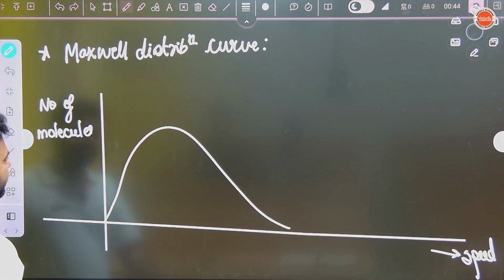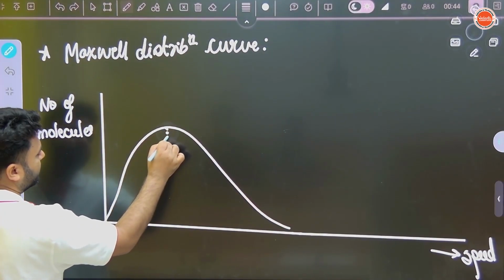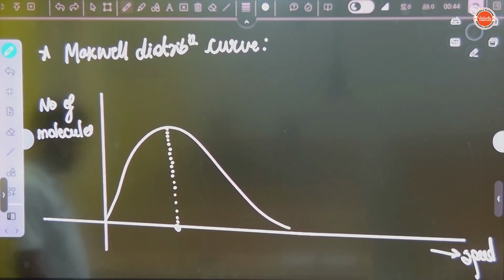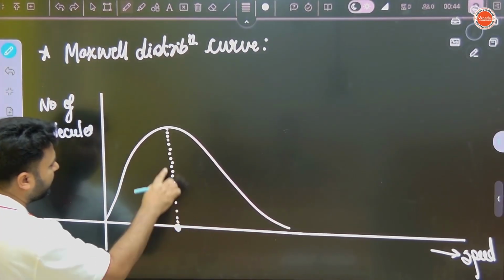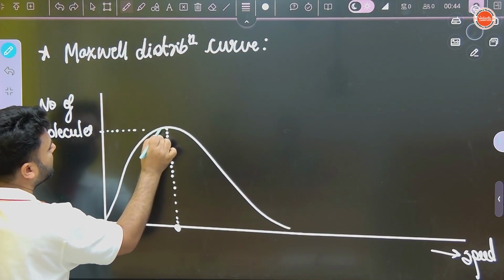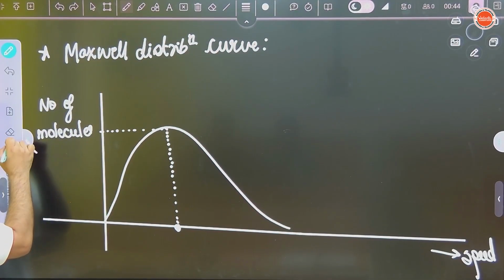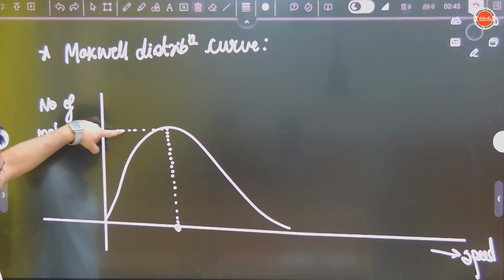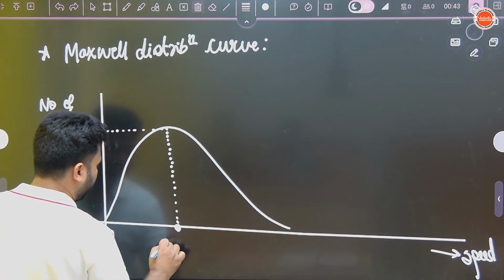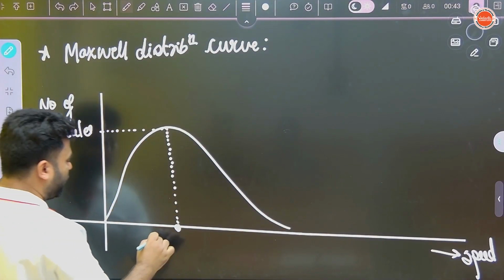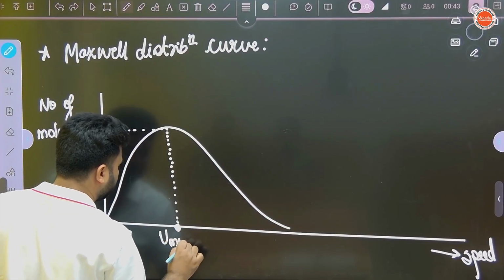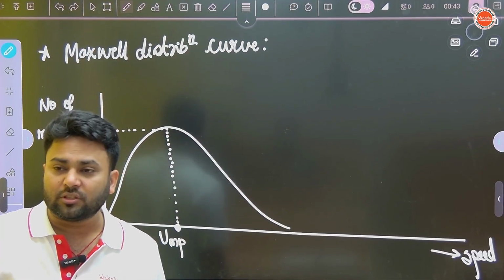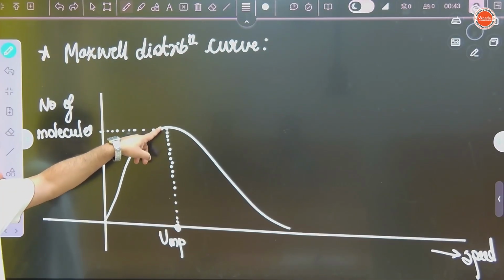You have to tell, if I say this speed, what should this speed be? See, this speed is attained by the maximum number of molecules. Here it is number of molecules. So maximum number of molecules are attaining this speed. So this will be what? Most probable. VMP, most probable speed. Why? Most probable speed is that speed which the maximum number of molecules possess.